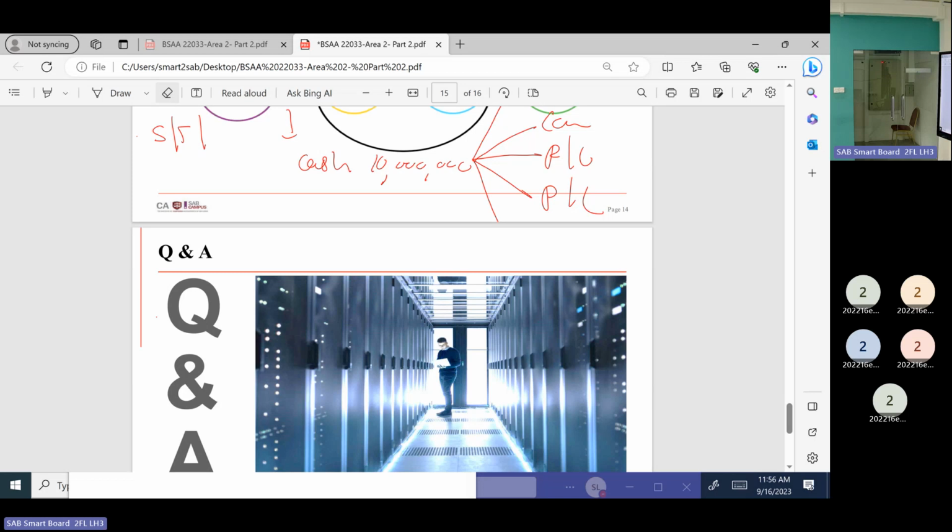Those are about controls, right? Controls were developed because of the risk. Mitigate the risk. We can't mitigate the risk 100%.